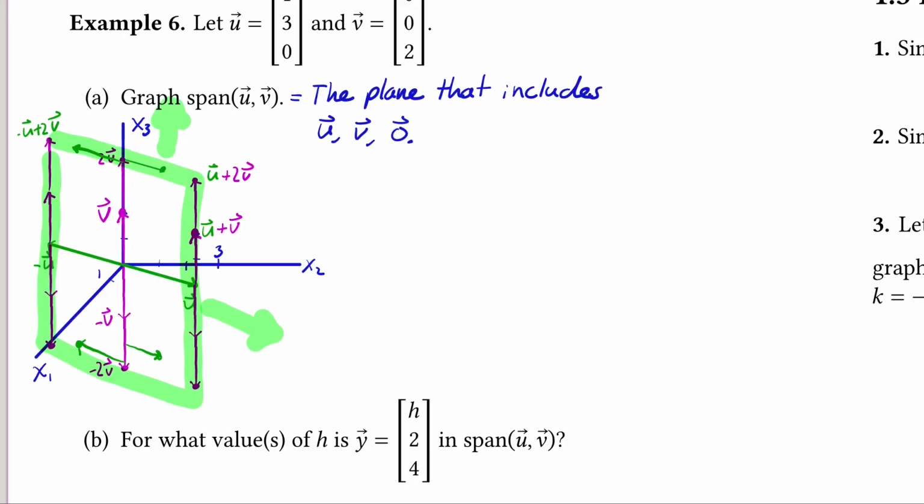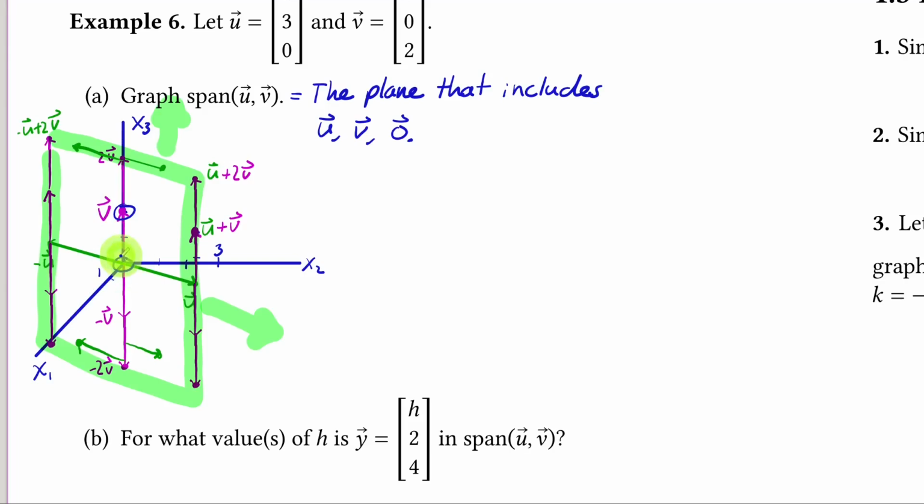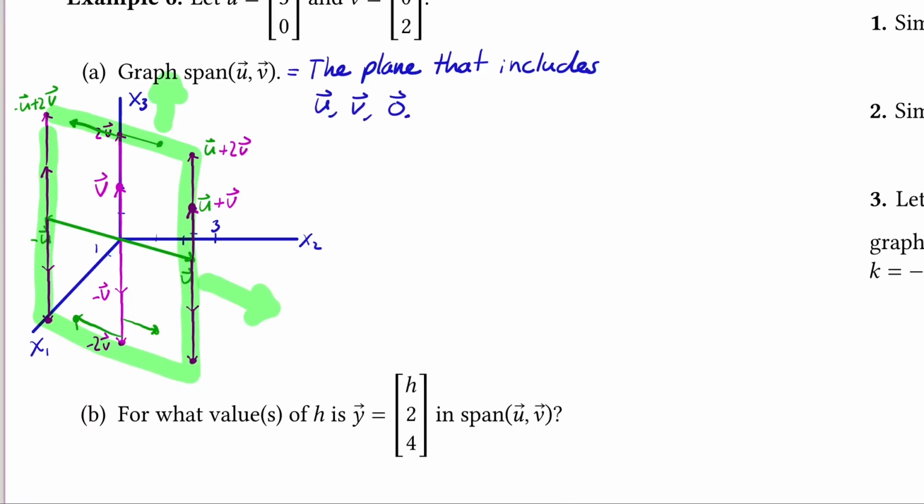So it's a two-dimensional object that includes these points: the vector v, the vector 0, and the vector u, and of course any linear combination of those.